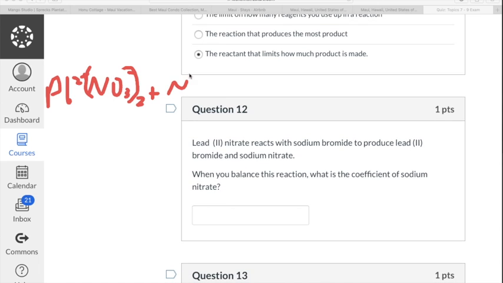So sodium's Na, bromide is Br, and that's a single plus and a single minus, so it's good just the way it is. And that's going to yield lead 2 bromide, hey, we just did that, PbBr2, plus sodium nitrate, Na, which is a single plus, and nitrate's a single minus, so that is good.